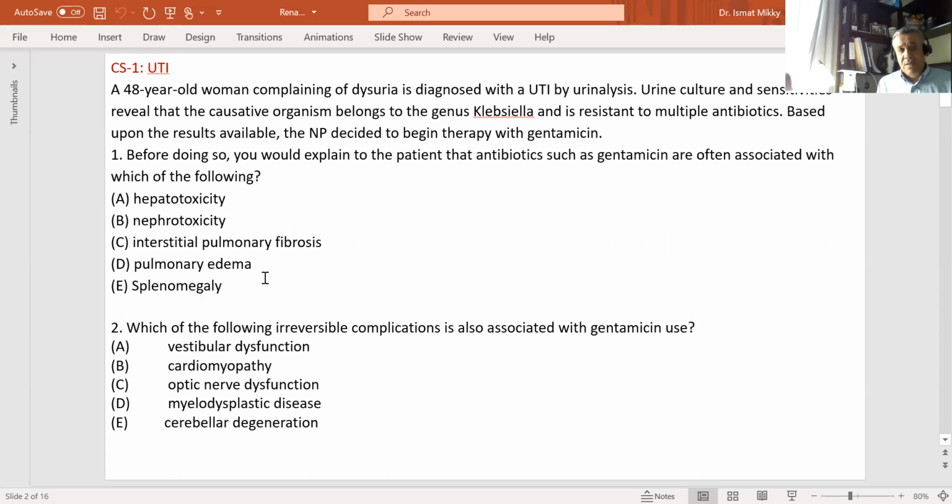So we did answer the question while I was talking about the two main complications that may result from gentamicin or aminoglycosides in general.